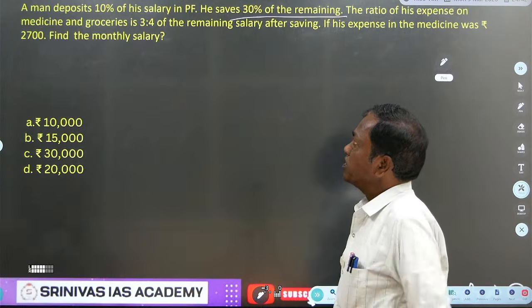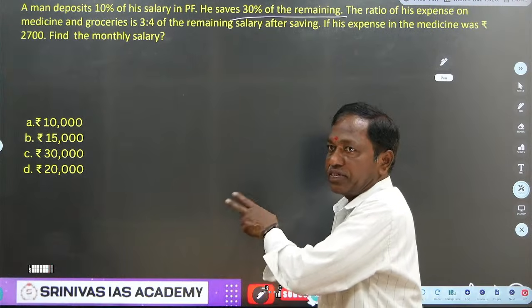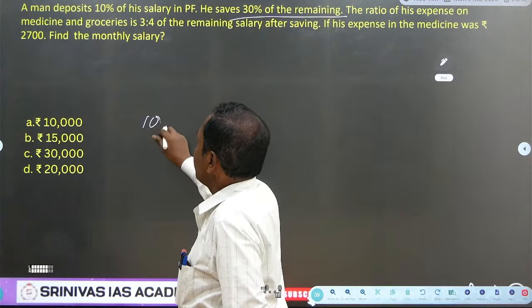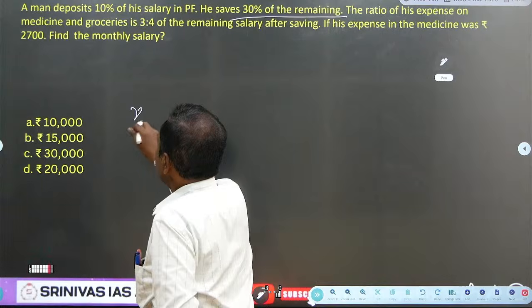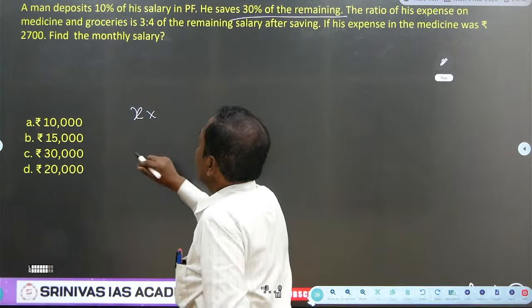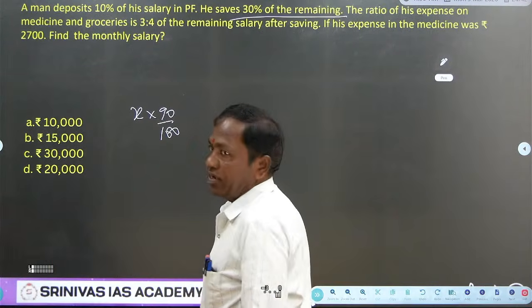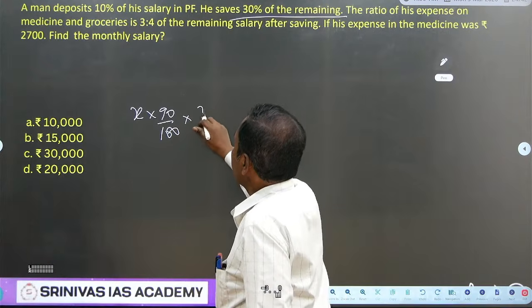So a man deposits 10% of his salary in PF. He saves 30% of the remaining. See, calculation. We don't know this money. Let the money be X. 10%. Because he says 30% of the remaining.